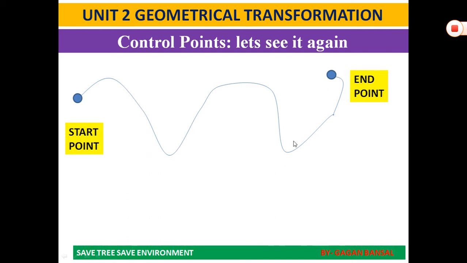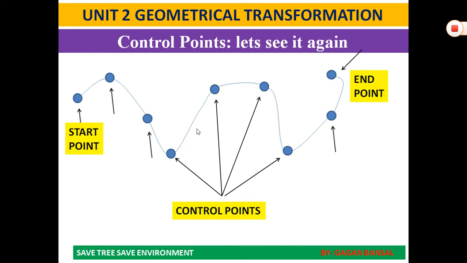Now I want that this shape should be repeated at all times. So I need to place certain points in between, so that when it passes through all these points, it forms a well defined curve. So these points are known as control points. Hope it is very clear. So what is a control point? These are the well defined points that help to generate our curve.